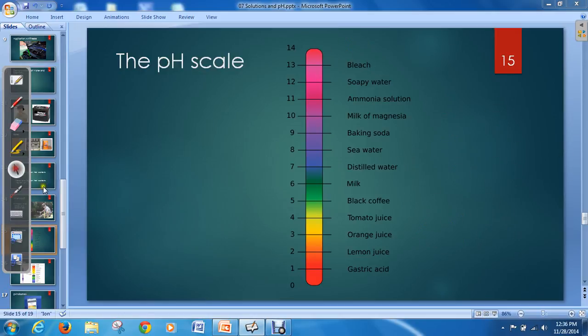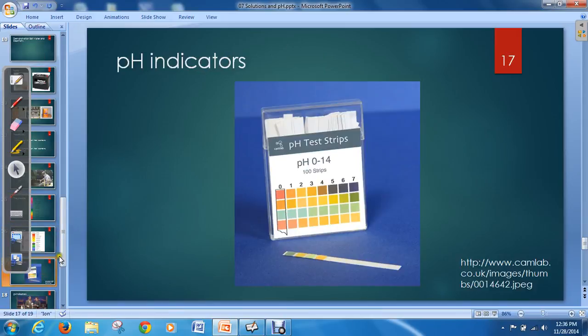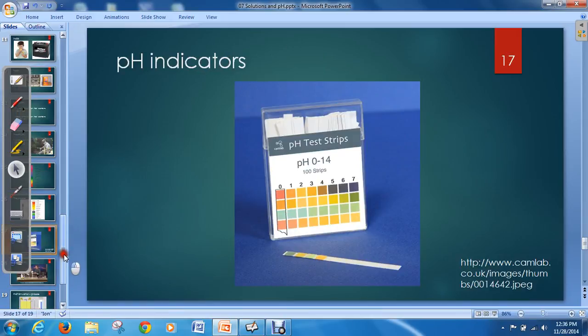All right, and then the last thing I want to talk about is what we call a pH indicator. What a pH indicator does is usually they're found in little paper strips. So let's say I have an unknown solution and I want to know how strong of an acid or a base it is, then I can dip these little paper strips into that solution.